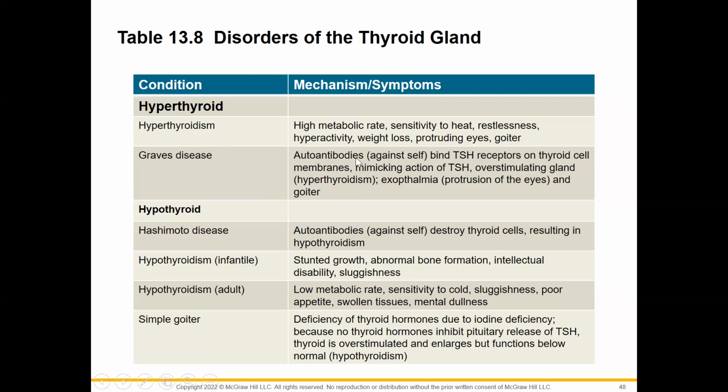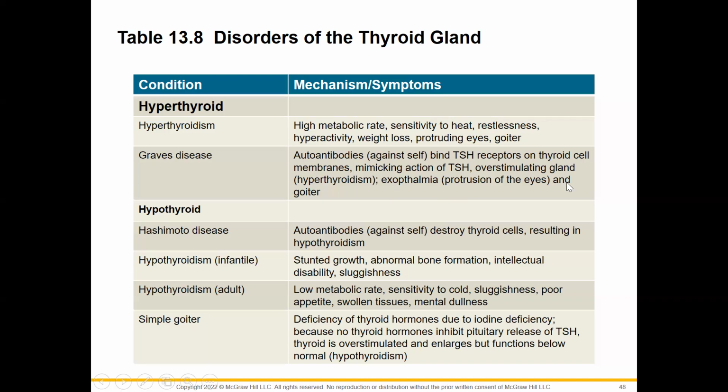So the body starts to produce antibodies against the TSH receptors on the thyroid cells. So this too will cause a protrusion of the eyes. That's called exophthalmia.